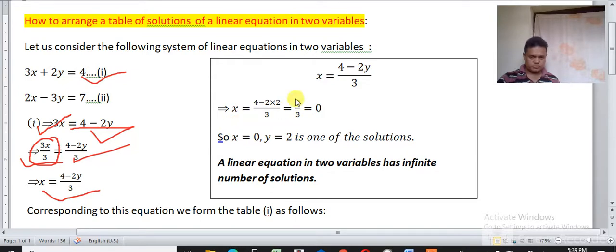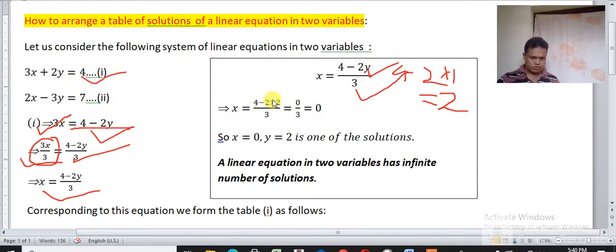So first we find a point. Here if you put y equal to 0, then it will be 4 minus 0 equal to 4 by 3. So it will be a fraction, we'll leave it. If you put 1, then 4 minus 2 into 1 equal to 2, and in the denominator 3, so it will again be a fraction. So here we will put 2.